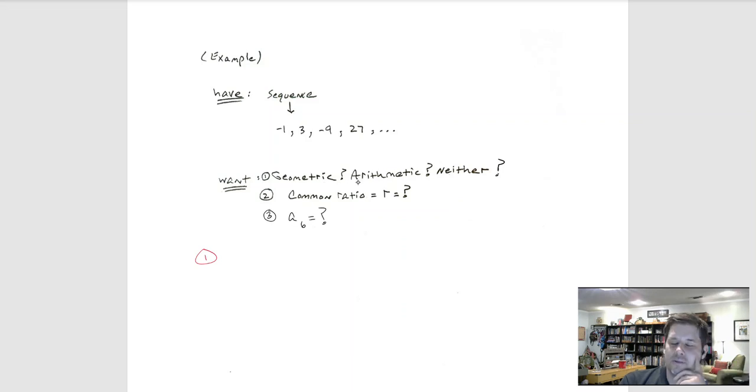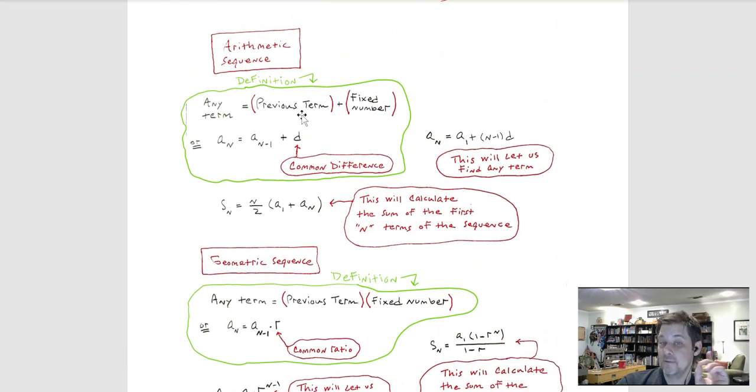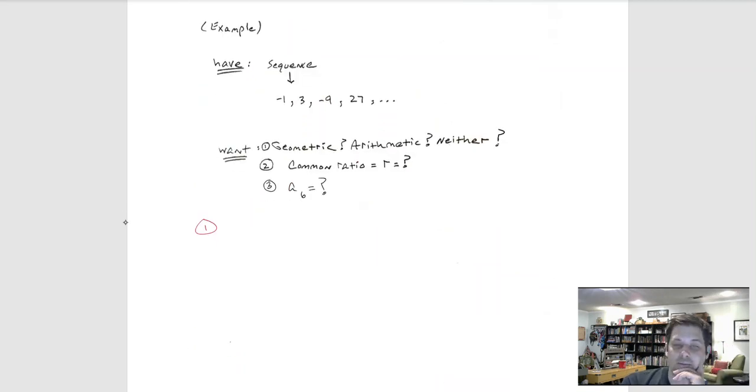So let's address whether it's arithmetic. In an arithmetic sequence, you find any term by taking the previous term and adding some fixed number. So let's look at it like this.